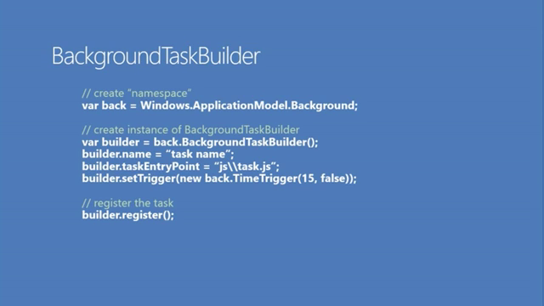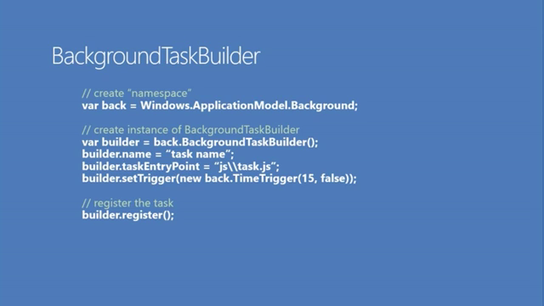But now in the foreground app, you need to create, using the background task builder, the ability to register this task. So you'll see here kind of in three major steps. One, I like to create a little namespace to windows.applicationmodel.background, so I called it back here.